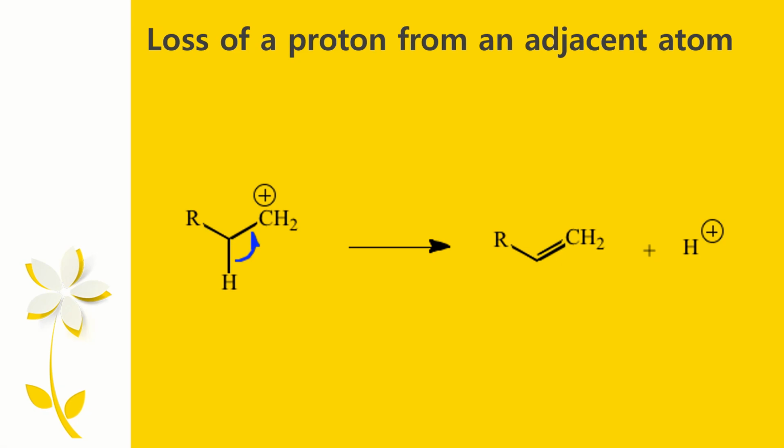Here we see loss of a proton from an adjacent atom to form an alkene, right? So there's loss of this proton, so this carbon-hydrogen bond is broken, and we now have a double bond here quenching the positive charge, and we end up with an alkene, and of course the loss of that hydrogen.